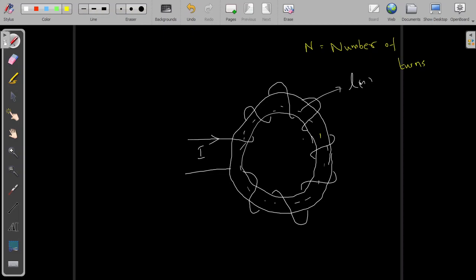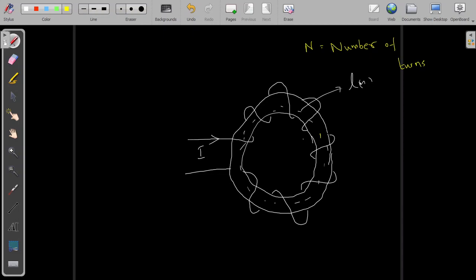Okay, that's given. Now assume that this toroid is made up of some iron or steel, then inside this a flux will be set up, right?